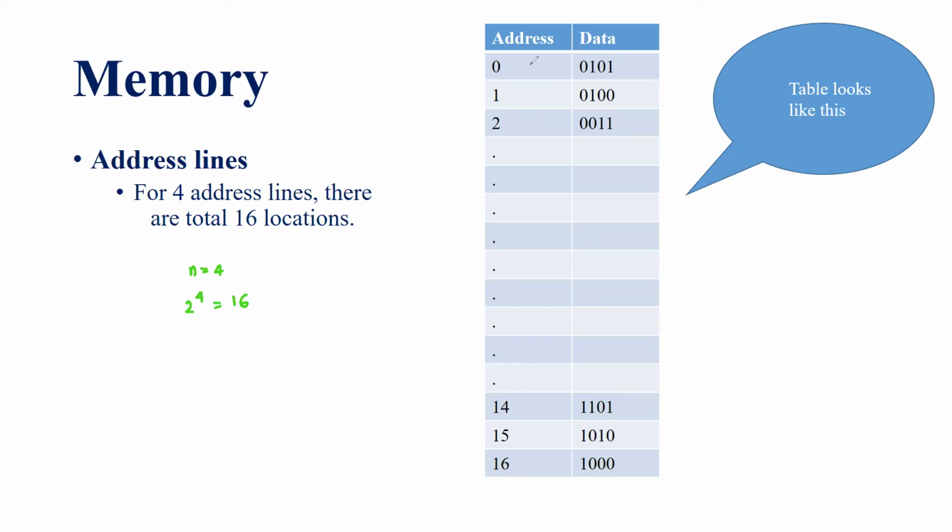So here is the address and here is the data stored, with address numbers ranging from 0 to 16. In fact, it is 0 to 15. And in each memory location, you have some form of data stored. So the table of memory looks like this.